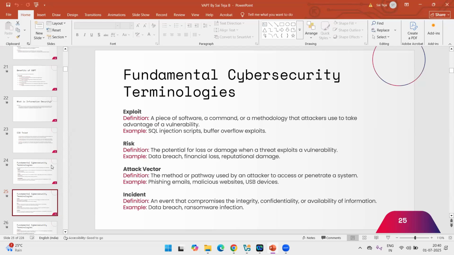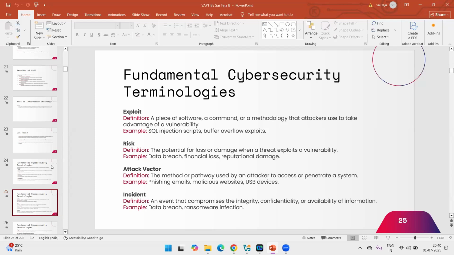Then you will see what sensitive information they can access, delete, or modify. Again mapping to CIA: confidentiality, integrity, and availability.